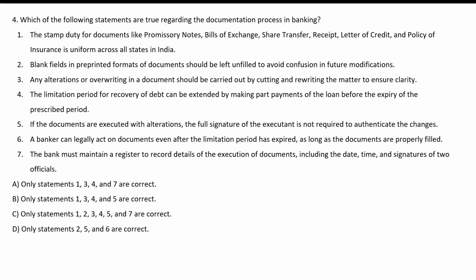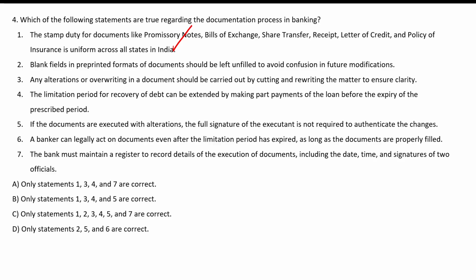Which of the following statements are true regarding the documentation process in banking? The stamp duty for documents like promissory note, bill of exchange, share transfer, receipt, letter of credit, policy of insurance is uniform across all states in India. So this is correct. Stamp duty for these documents is uniform across all states in India.